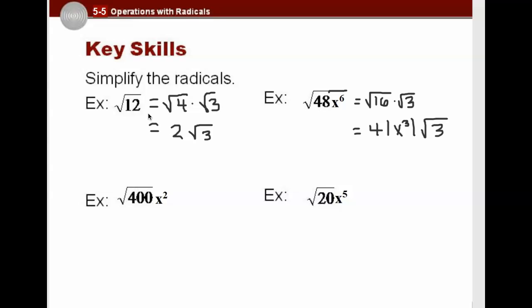Okay, the square root of 400, x squared. So the square root of 400 is a perfect square. If you didn't know that and you broke it down into the square root of 4 and the square root of 100, that would still work because you would just take the square root of 4, which is 2, then 100, which is 10, and get 20.